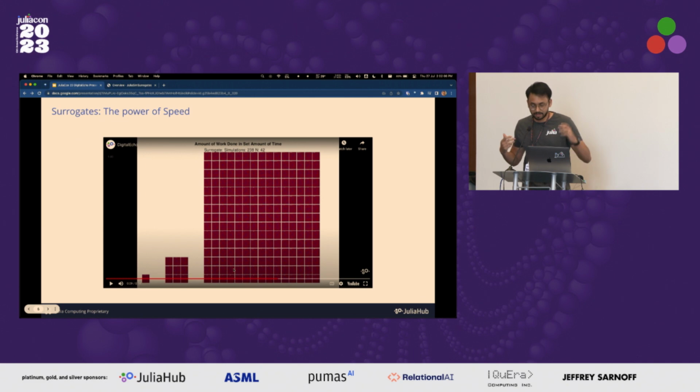Instead of in a matter of days or hours, it could be in a matter of seconds even, right? We have had real world problems which we have solved, which take several orders of magnitude less time after the speed up using a surrogate.